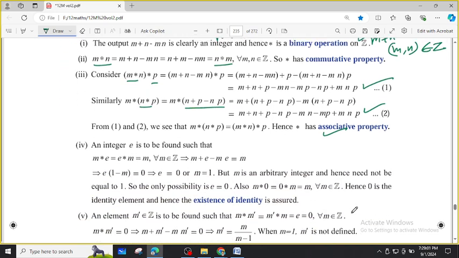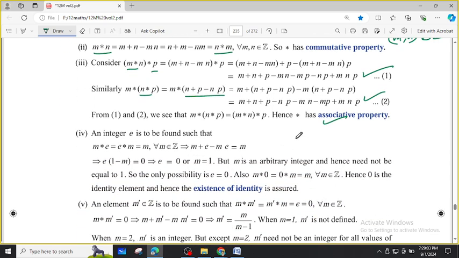And identity. How to find the identity? Now put e. When you take m star n equal to m plus n minus mn, this is your operation.